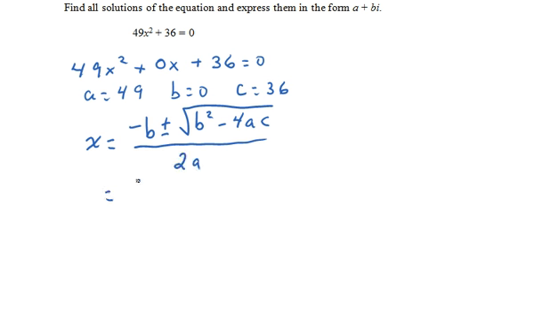This gives us the opposite of 0, or 0, plus or minus the square root of 0 minus 4 times 49 times 36, all over 2 times 49.